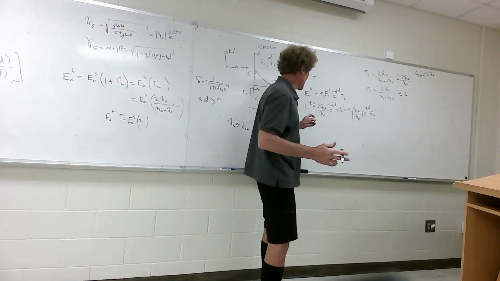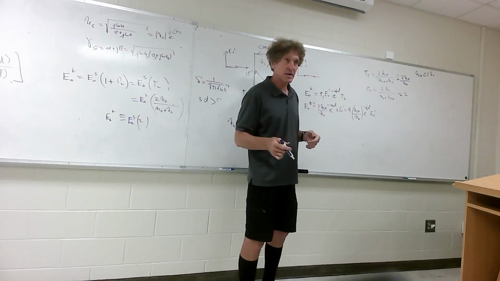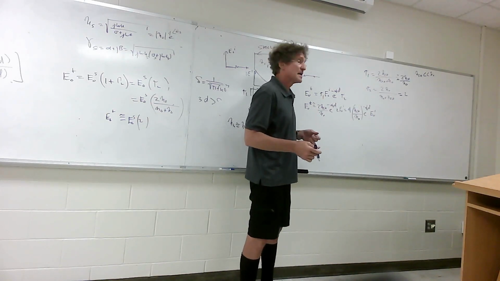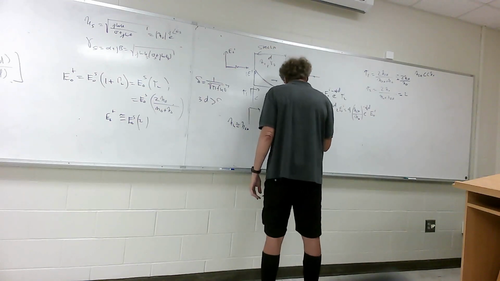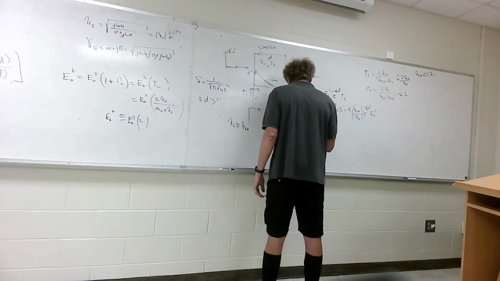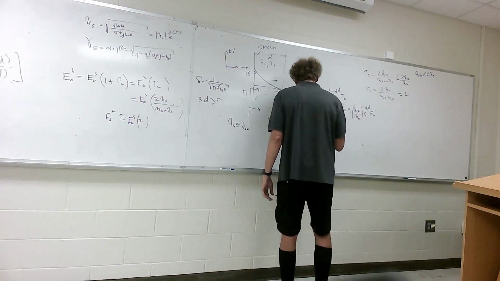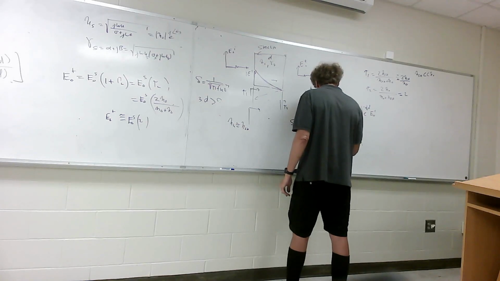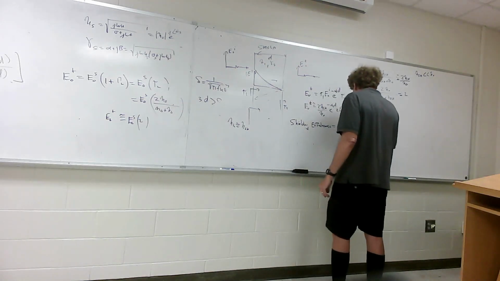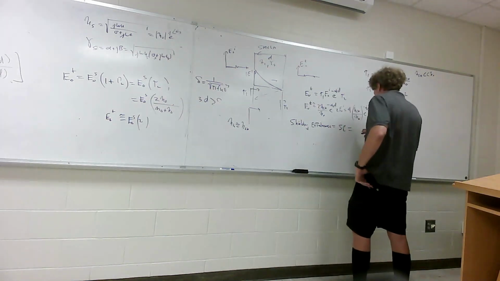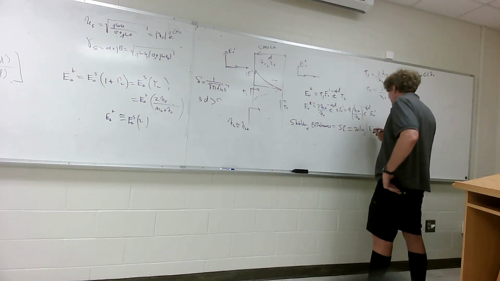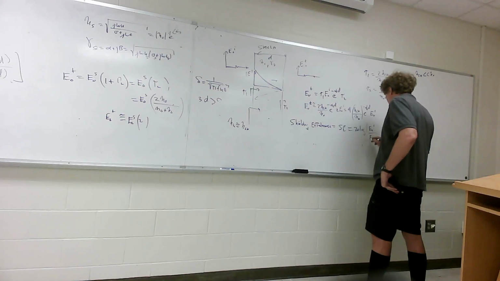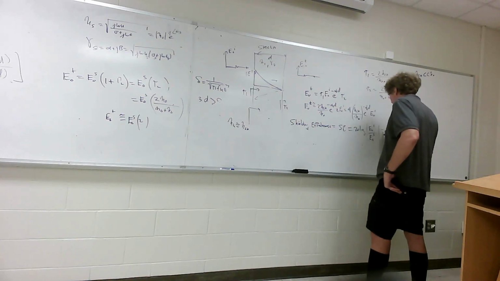At this point, we've got the transmitted electric field's magnitude in terms of the incident field magnitude. So what we look at is the shielding effectiveness, or SE, and that's really given as 20 times the log of the magnitude of the incident field divided by the magnitude of the transmitted field.